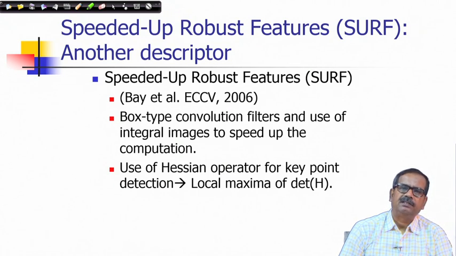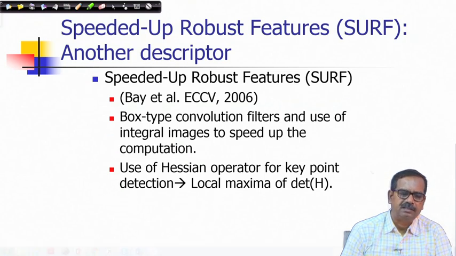So, the key point detection for this descriptor is performed using the Hessian operator. Instead of the difference of Gaussian operator, we consider the Hessian operator on the image itself. Hessian operators are those double derivative operations in the directions.